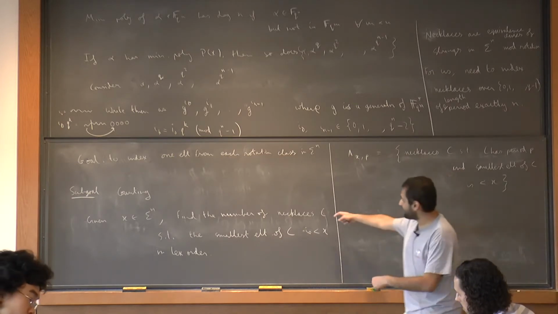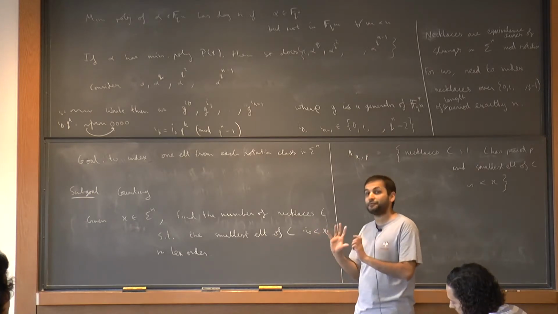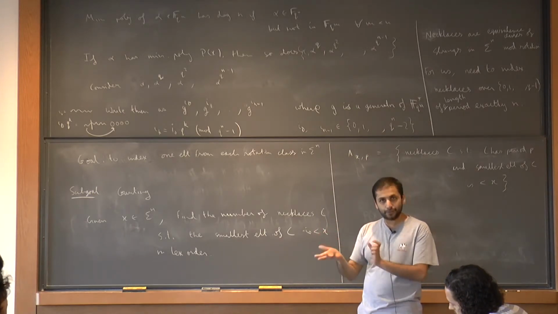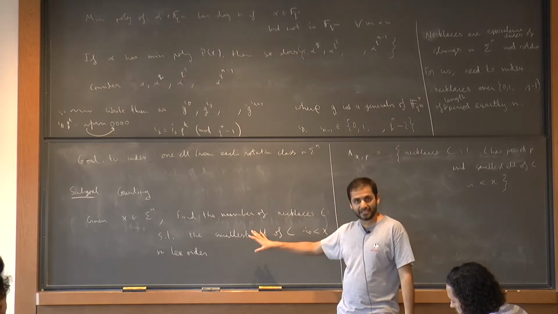Okay, so there are many necklaces whose smallest element is less than x. Some of them have period n, some of them have period n over 2, etc. The period always divides n. So we want to try to distinguish between them.